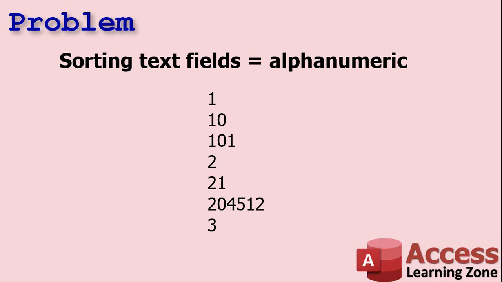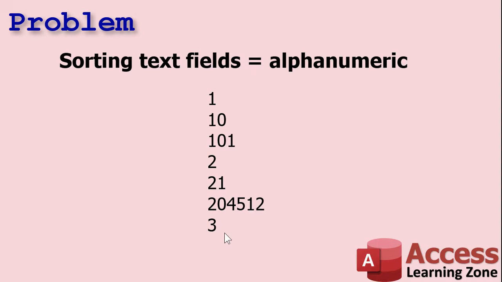Now, one problem that you have with text fields is you may often want to sort things based on a numeric value. Okay? And when you sort text fields, you get an alphanumeric sort. Okay, they're sorted like this. You get 1, 10, 100, then 2, because it sorts all of the first character, right? A through Z, 1 through 9, right?